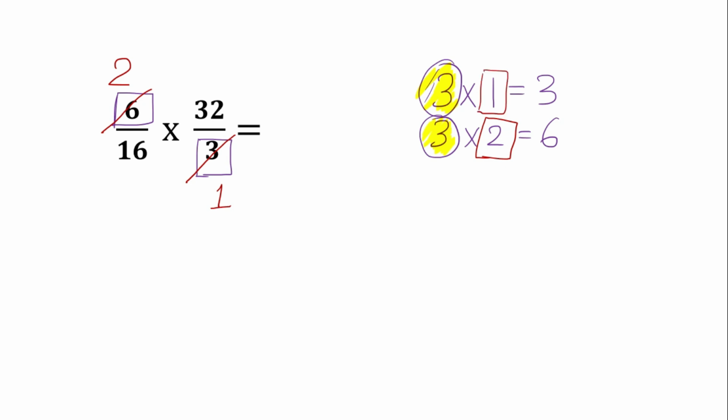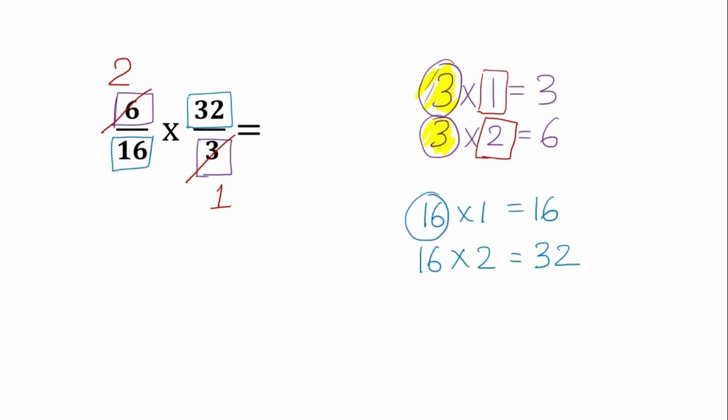Looking at the remaining terms here, I have 16 and 32. I know 16 times 1 gives me 16 and 16 times 2 gives me 32. So again I have identified the common factor for 16 and 32, which is 16.